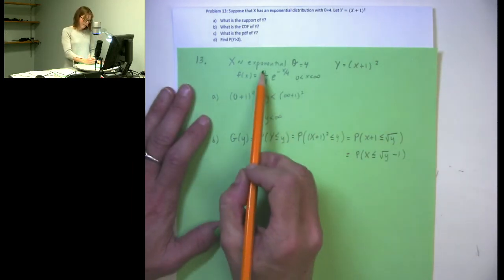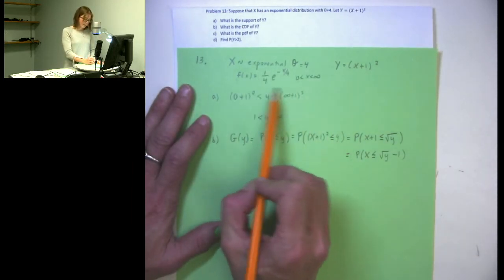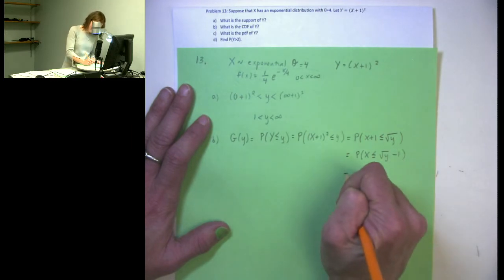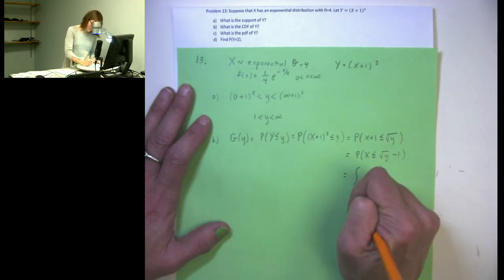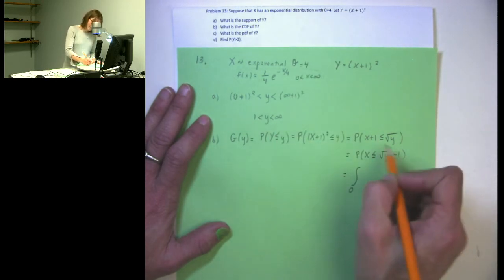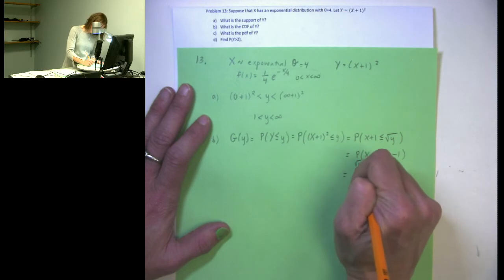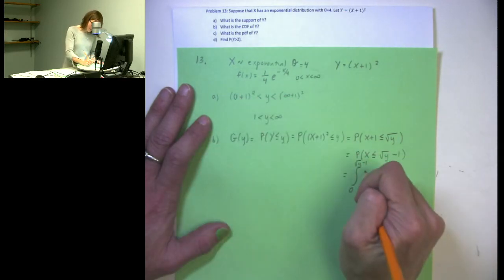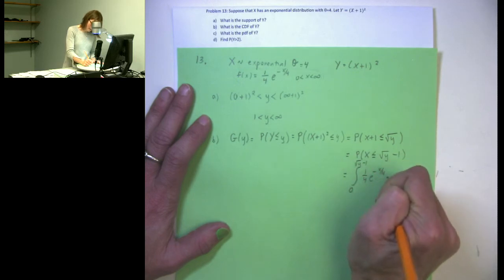Now I have my exponential distribution, and I can use that to find the probability that x takes a value less than a value by integrating. So this is going to be the integral from the smallest possible value of x, which is 0, up to this value, the square root of y minus 1, of my f of x, 1/4 e to the minus x over 4 dx.